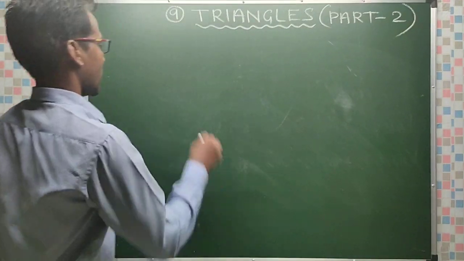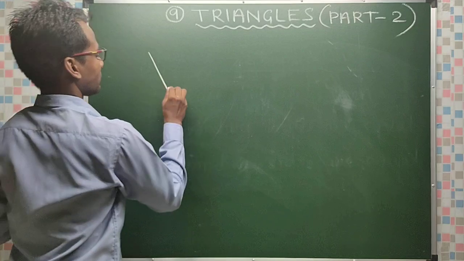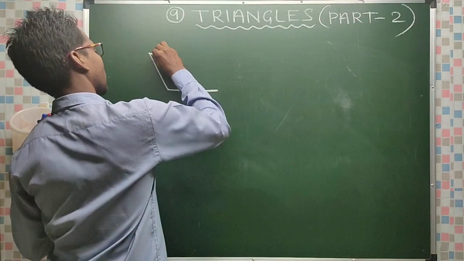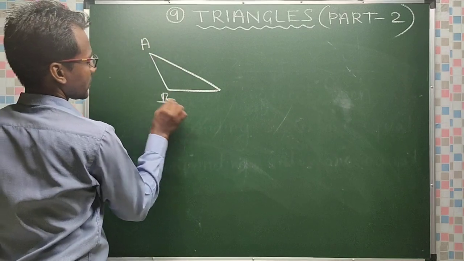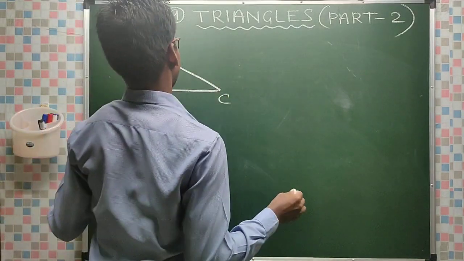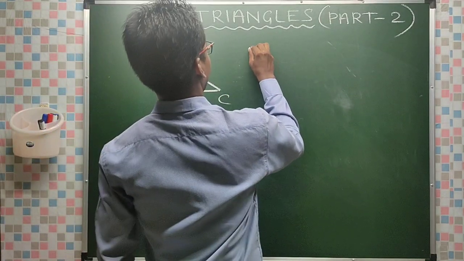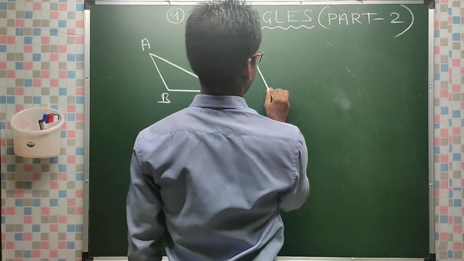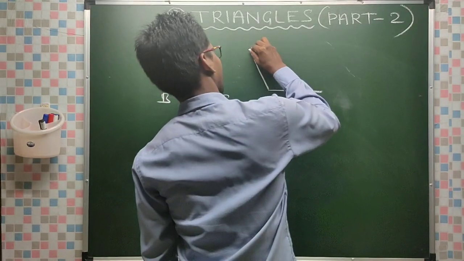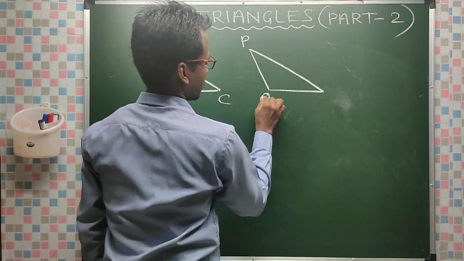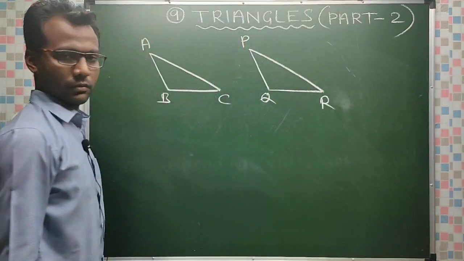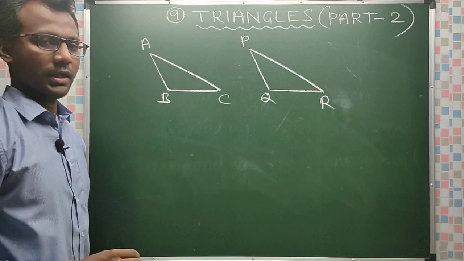Suppose I am taking two triangles. This is A, this is B, this is C. This is P, this is Q, this is R. Suppose these two triangles are congruent.